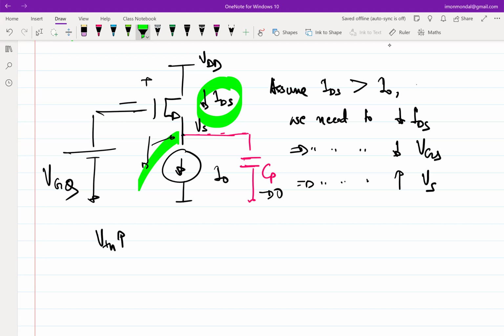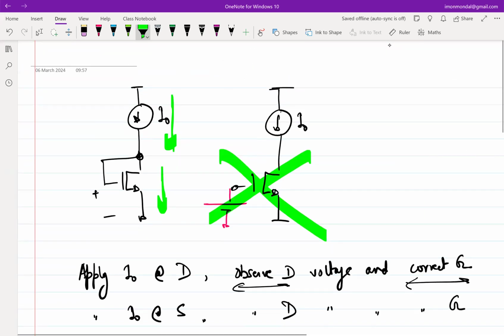So in the earlier circuit, VGS was also auto-adjusting itself, but it was doing it in a different way. In that case, we had to establish a connection between the drain and the gate. Without establishing the connection, the feedback was not apparent, because whatever happens to the drain voltage doesn't affect the gate voltage automatically in a transistor.